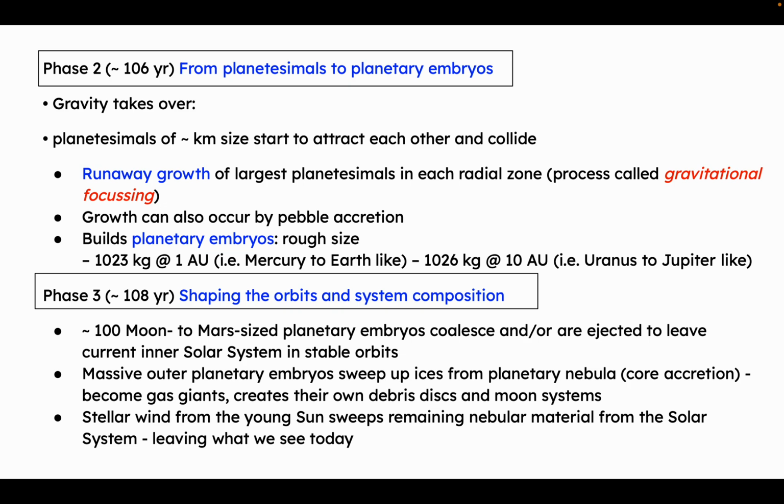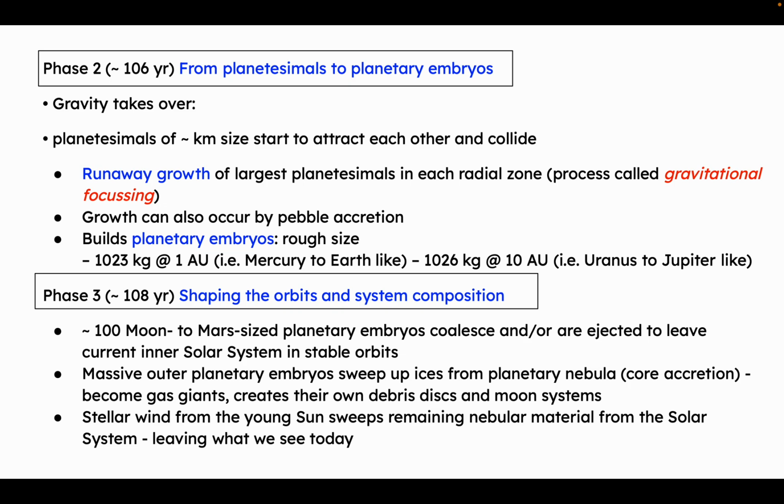In phase 3, this is the least rapid stage, or this stage takes many years, about 10 to the power 8 years. This shapes the orbits and the system composition.